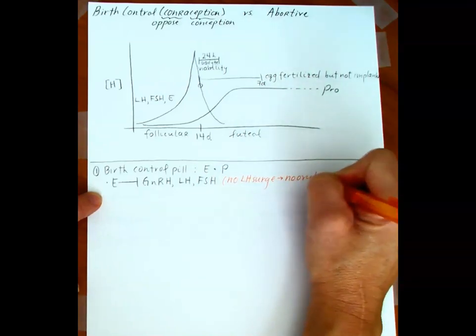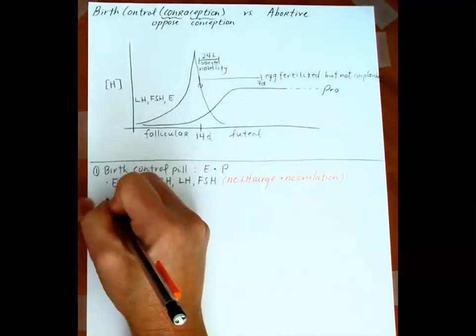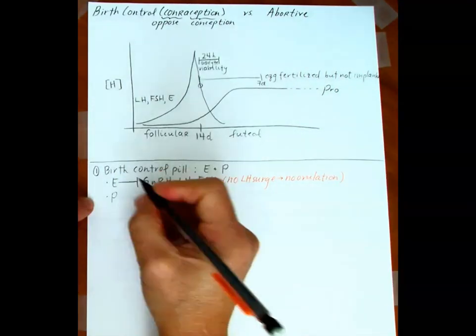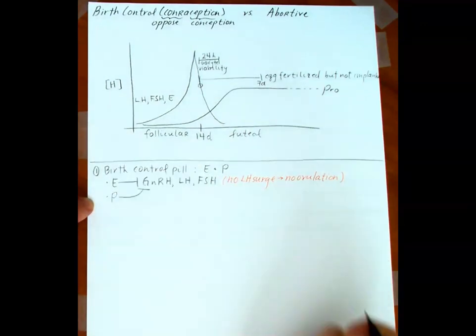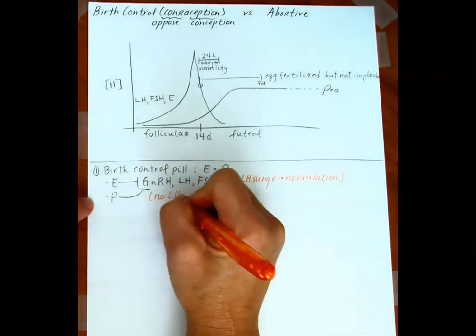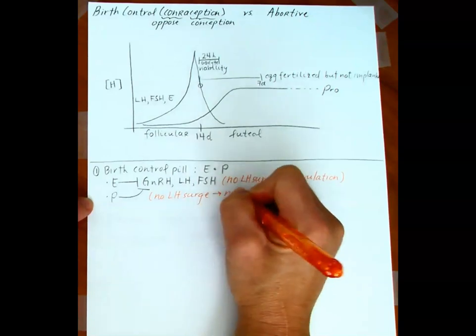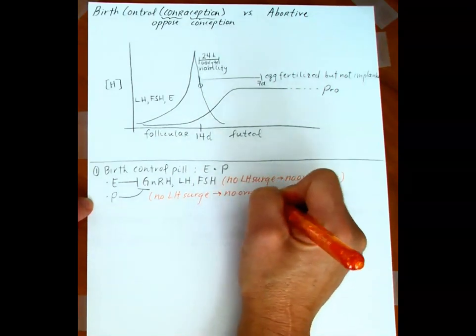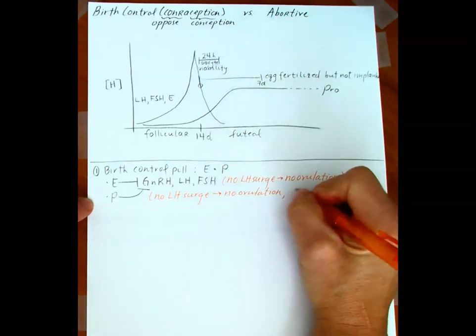Now, progestins, like progesterone, also do negative feedback on the HPG axis, which of course is going to result in no LH surge, and of course, therefore, no ovulation. But it also results in a thinning of the endometrial lining.